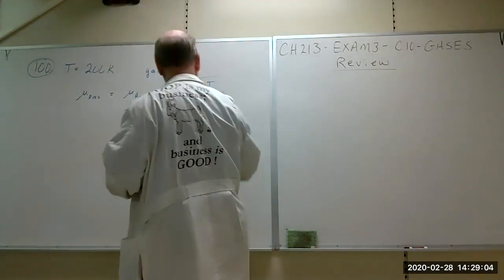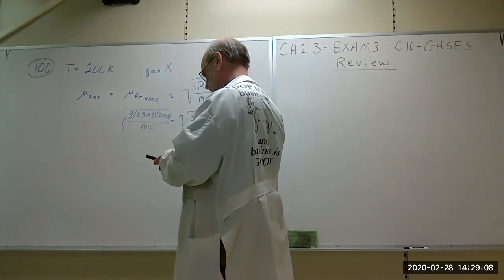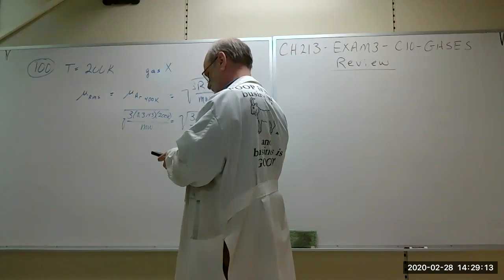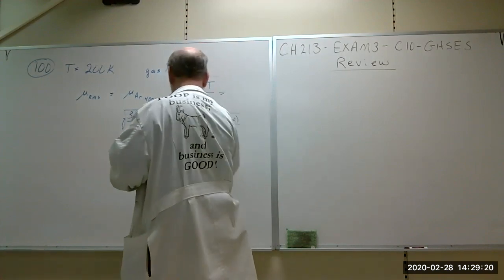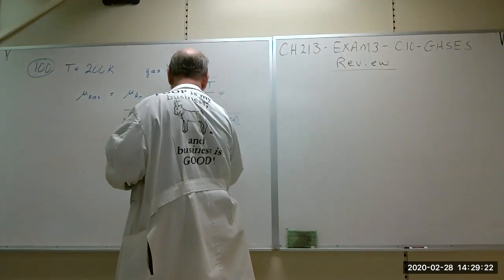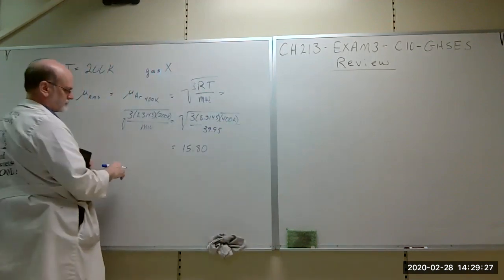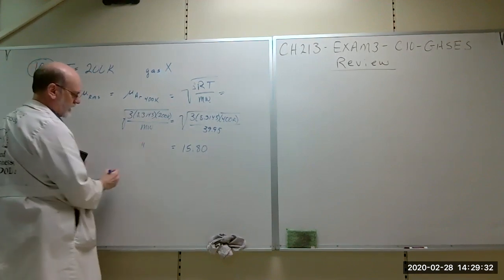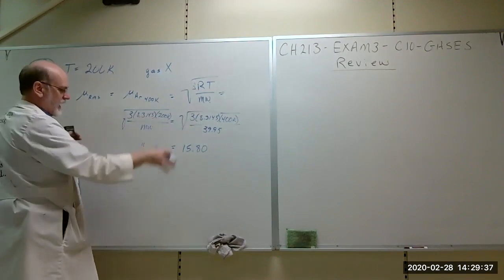So let's see what this one is. 3 times 8.3145 times 400 divided by 39.95, and take the square root of it. So I got 15.80 there. And then this one. Now what I want to do is square both sides.